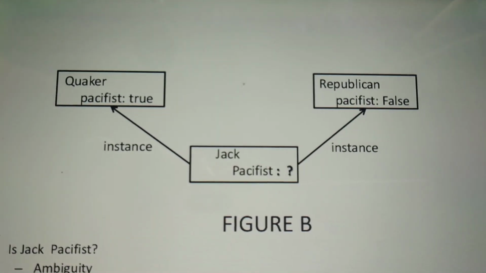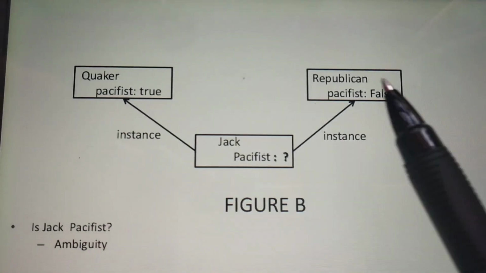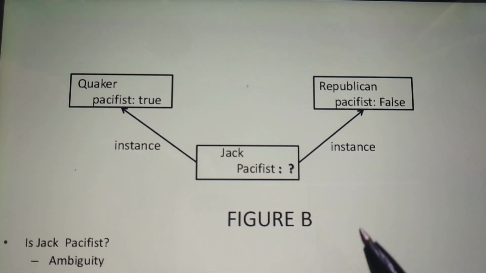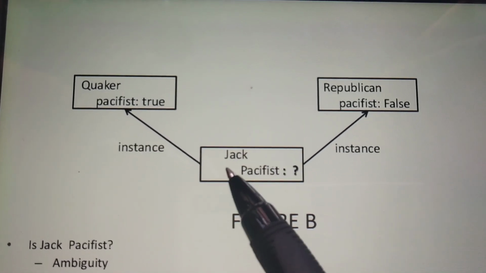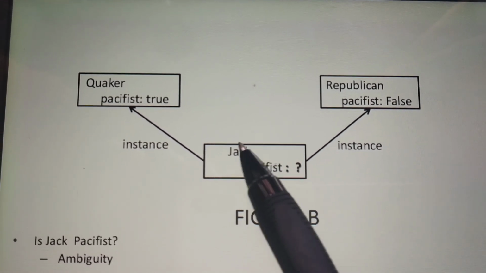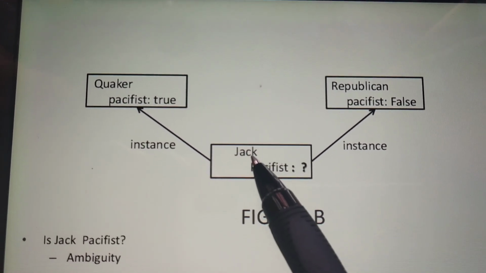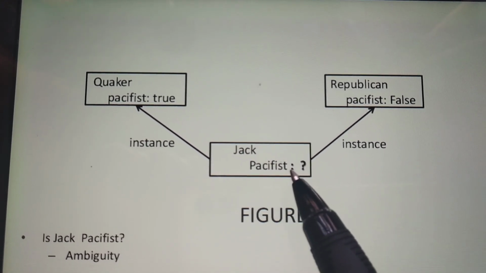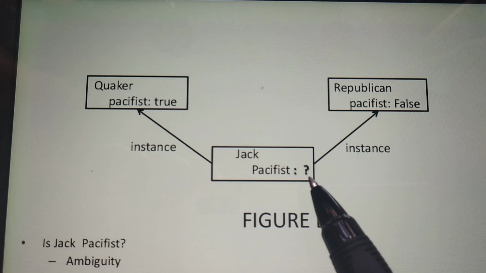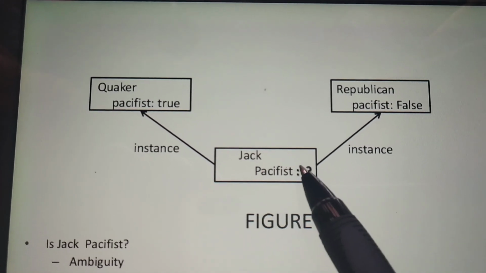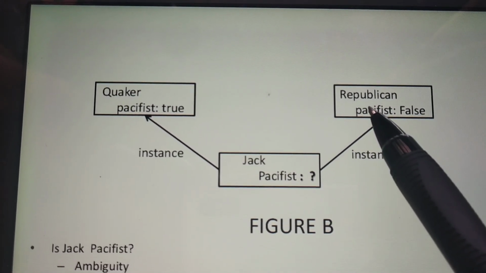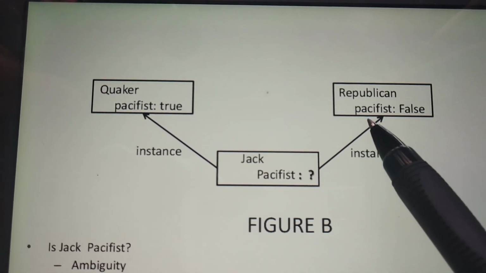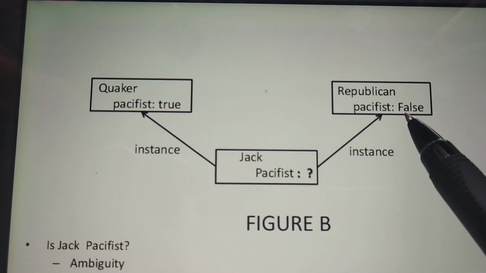Now this is basically Quaker and Republican. These are some political parties from the US. Now Jack is a politician, and Jack is an object instance which has an attribute called pacifist, whose value we need to determine. Now it is given that Jack is an instance of Republican, and the Republican class has the pacifist default value as false.